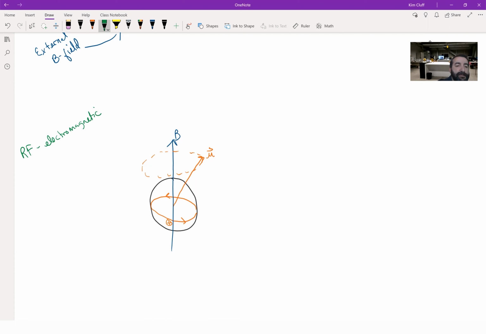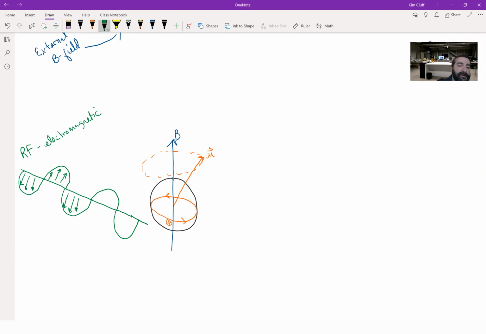Well, for example, light is made up of oscillating and alternating electric and magnetic fields that propagate, okay?